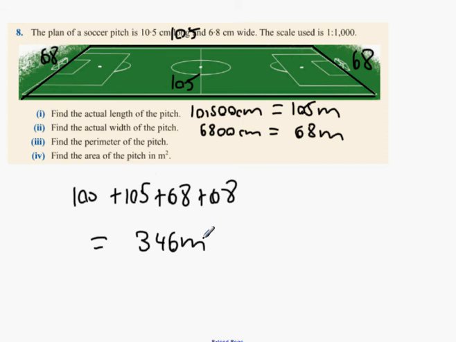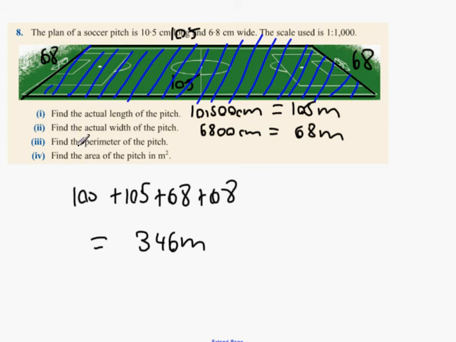346 meters. Finally, how do you get the area of the pitch? Anybody know? What's area, Charlie? Area of a rectangle, Charlie. No, just length by width.